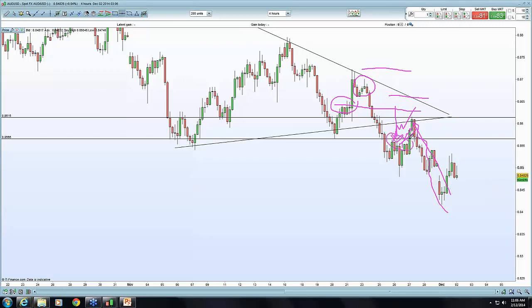Okay, so your bias needs to be strong. So this is the first level that you can take a short from. Now let me take away the drawing. Now the second level that you can take a short from was that you can wait for a more conservative pullback back to this previous resistance level on the 8650 and take a short here. And for this case, the stop loss can be above here. Okay, because you're risking this, but maybe you're targeting a new low, it is still at least 1:1.